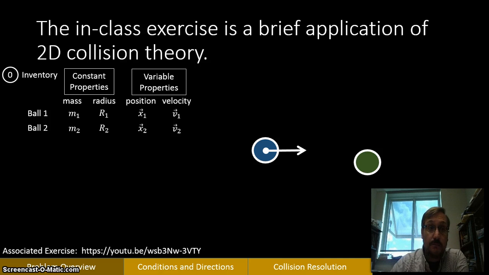They have these coordinates that you have to keep track of, and that can change, right? We're going to look at these as they change for both of these properties. The main point of this is going to be changing the velocity. That's what the collision resolution is.